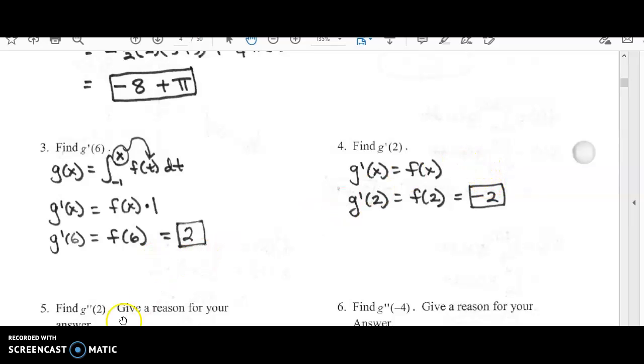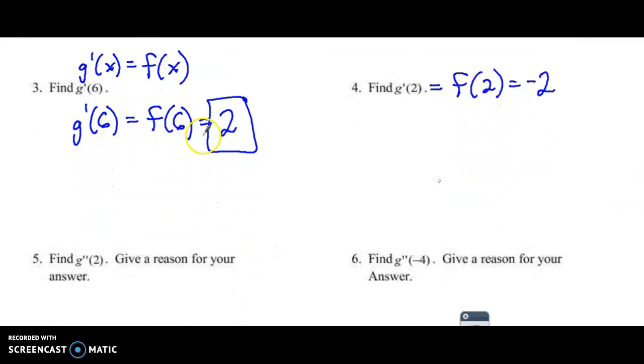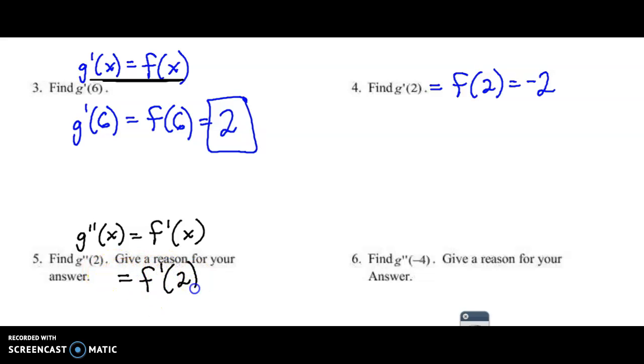And then as we get to the second derivative, it makes more sense now to write the formula based off of this statement right here, that g double prime is equal to f prime of x. So g double prime of 2 would be equal to f prime of 2.